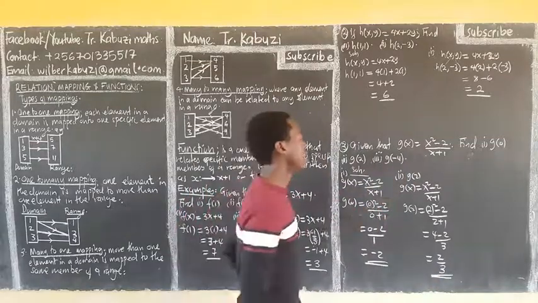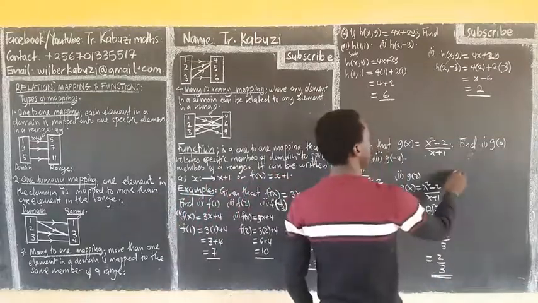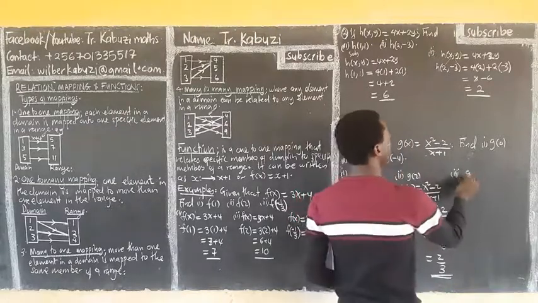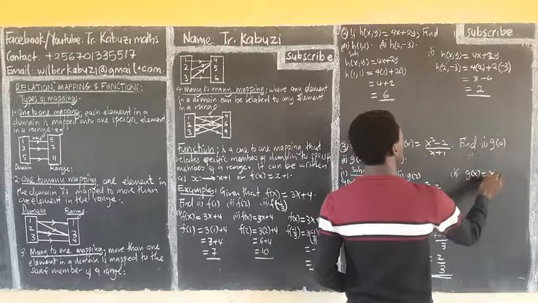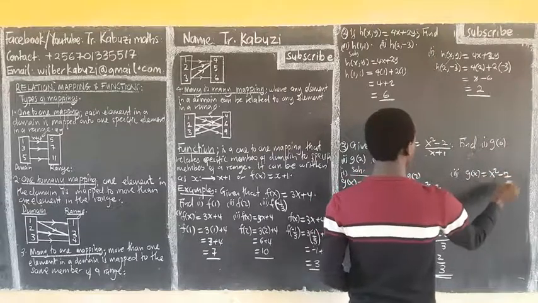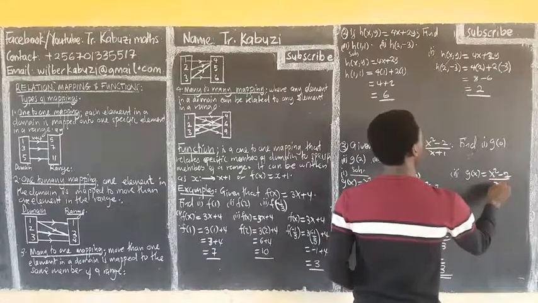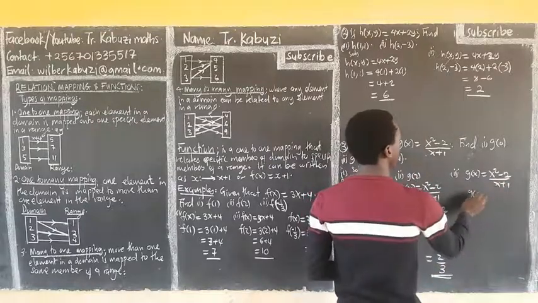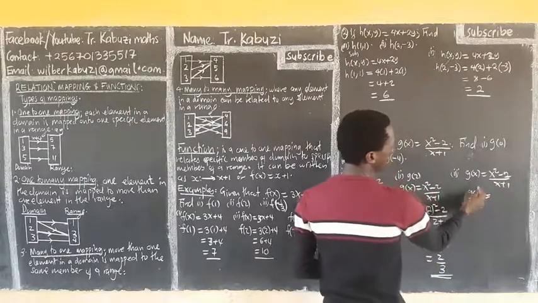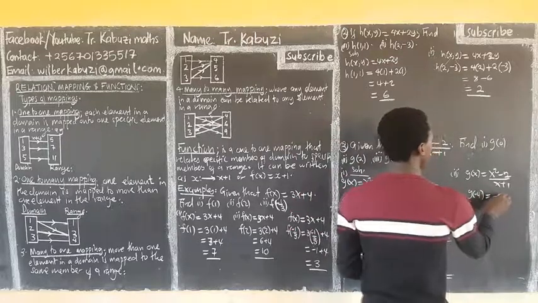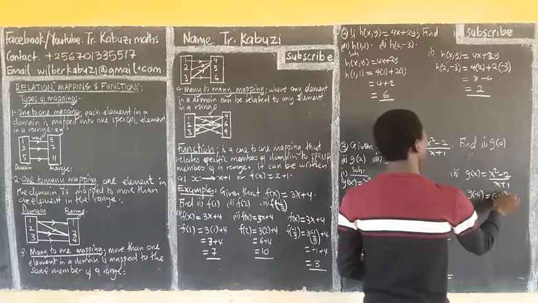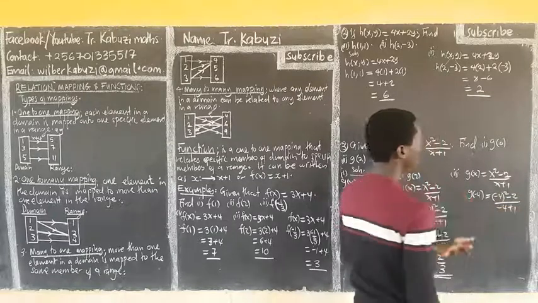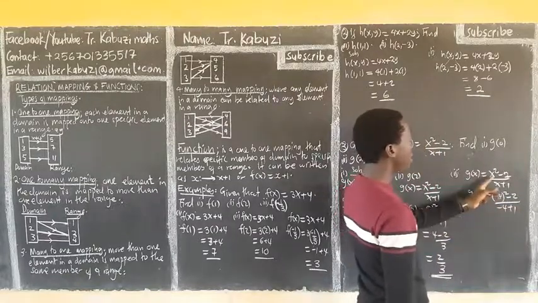When I come to this one with a -4, still I say the original function is this. Now, where there is x, I'm going to put a -4, as you see. I'll be having -4 squared minus 2 over -4 plus 1. Where there is x, I put this.